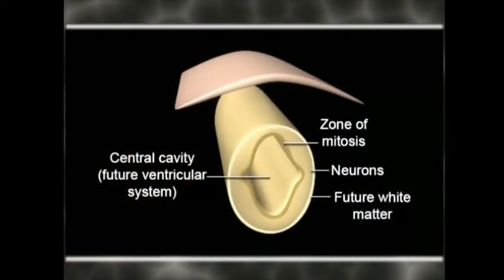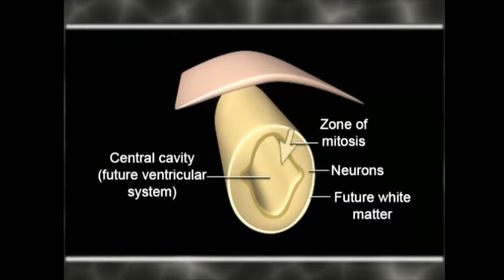Now, we're just going to focus on the spinal cord, because that'll help us understand the difference between the spinal cord and the telencephalon later on. In the spinal cord, the layer of neurons near that central cavity are going to stay near that cavity. So let's think of our neural tube like this again, and we have the hole in the middle.